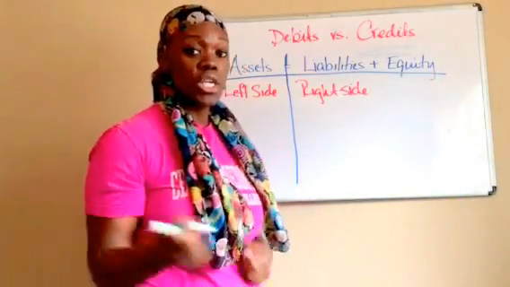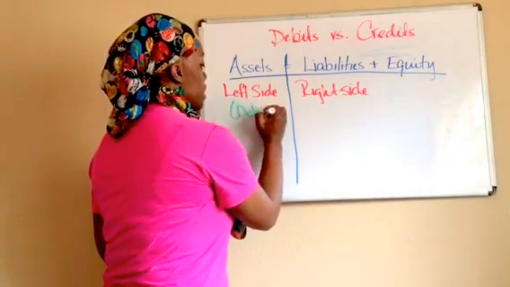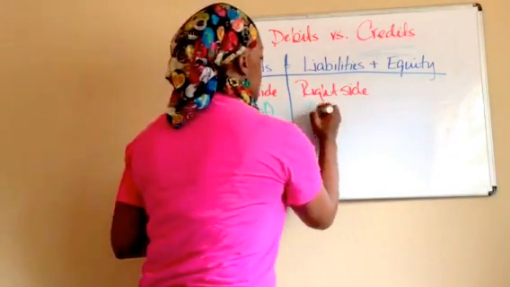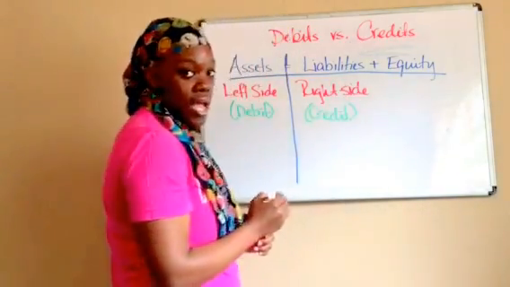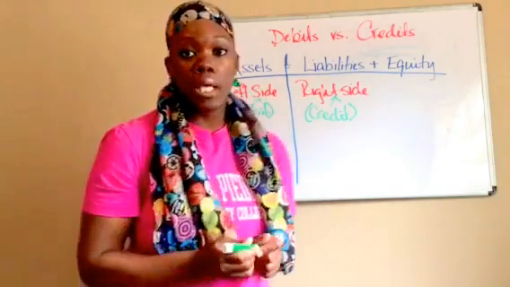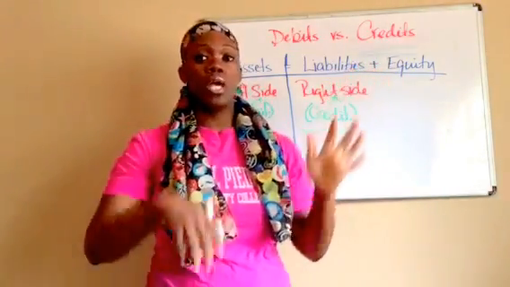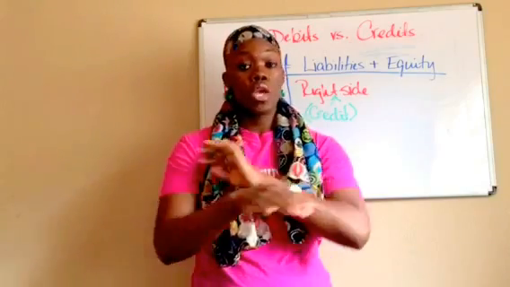The definition of debit is going to be left side. The definition of credit is going to be right side. It's that simple. The more you think about your bank account and what happens when you debit and what happens when you credit, it's just going to confuse you.